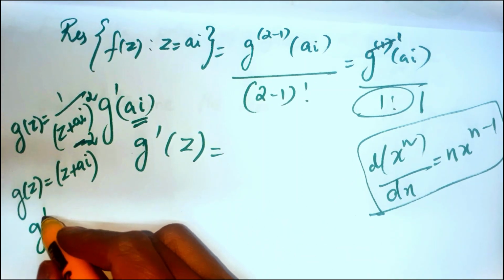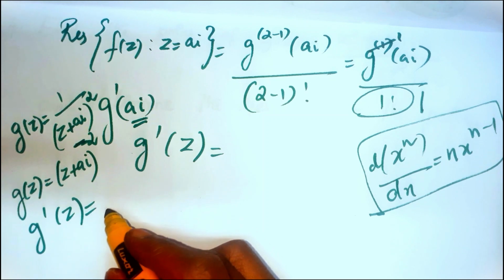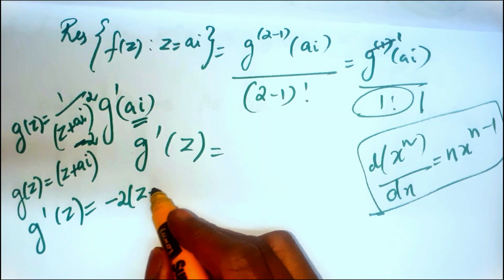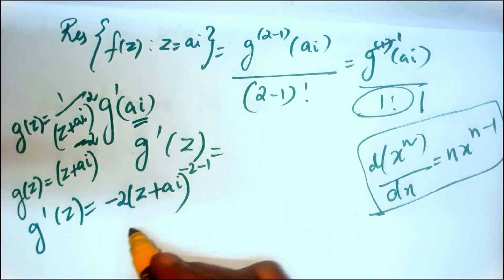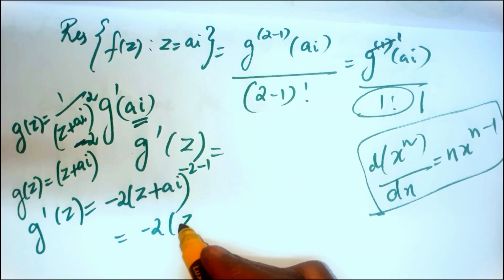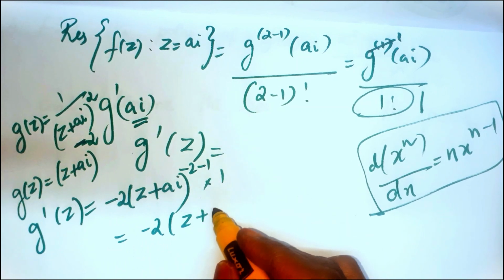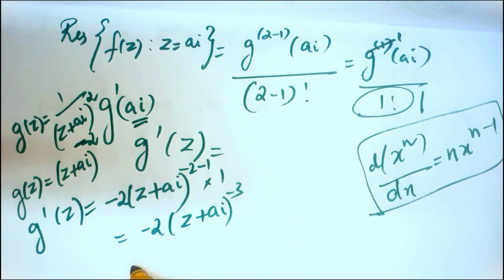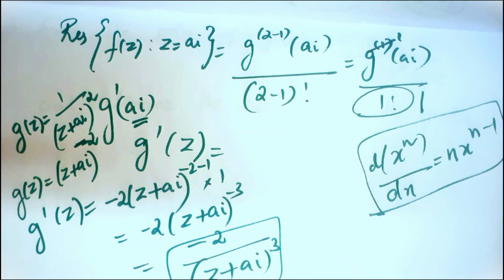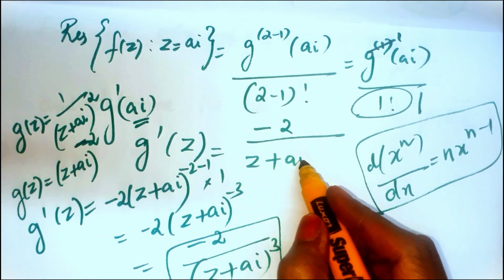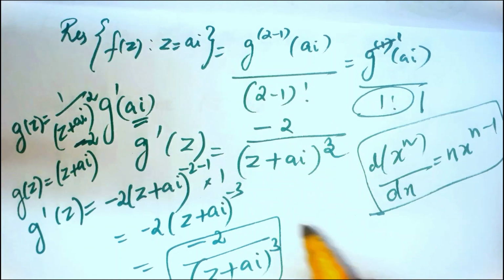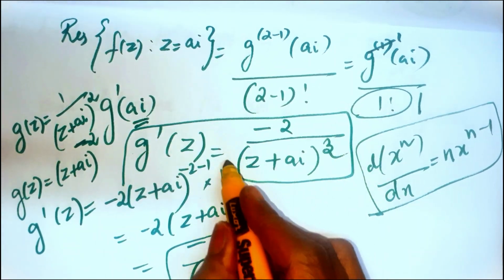When we differentiate this, we get minus 2 (z plus ai) the whole power minus 2 minus 1, which is minus 2 (z plus ai) power minus 3, which can be written as minus 2 by (z plus ai) the whole power 3. This is my g dash of z.